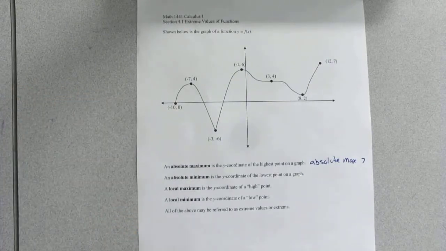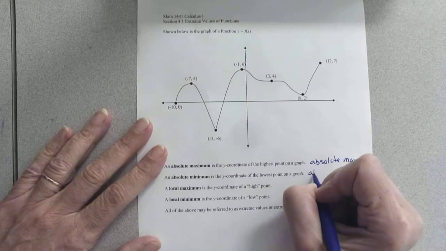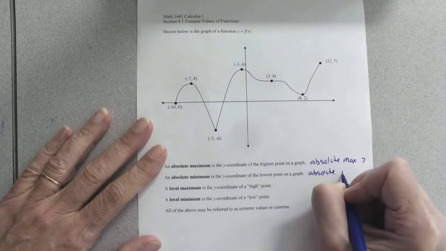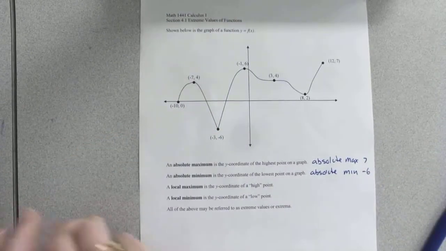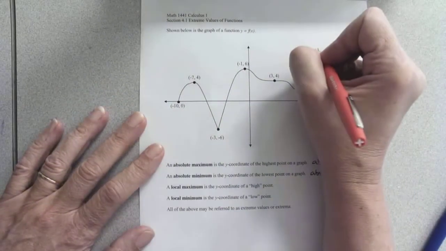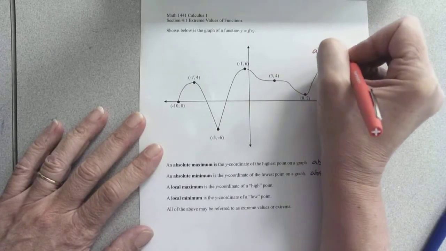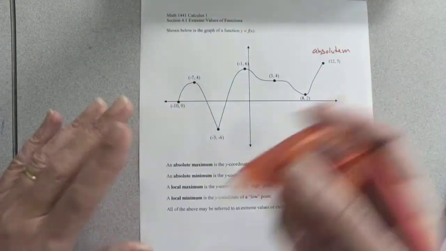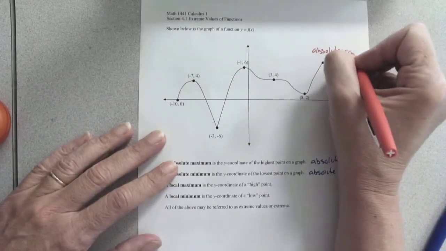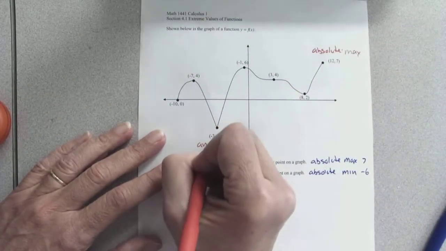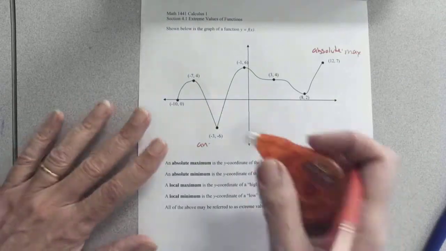The absolute minimum is the y-coordinate of the lowest point. So my absolute min here would be -6. So up here, absolute max. Down here, absolute minimum.